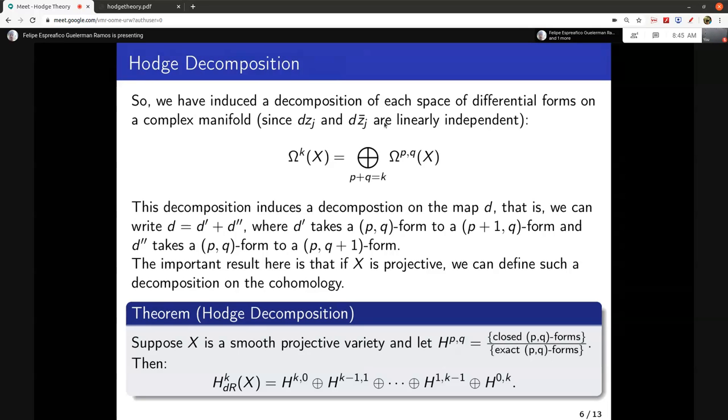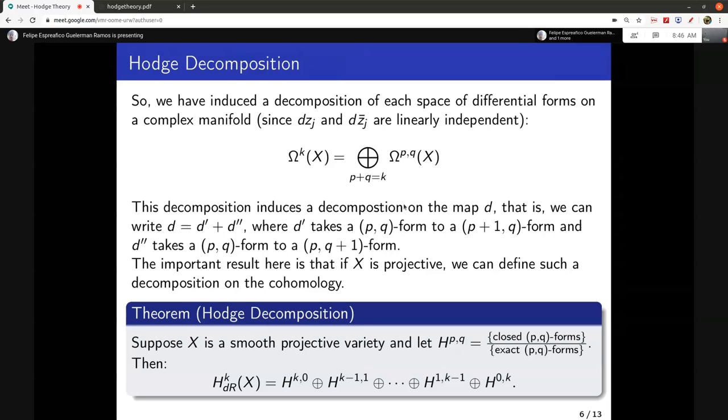well, the way they are defined using dx and dy. So they are linearly independent, and that means we can define a decomposition of this space omega^k. So we can consider omega^k as the sum of omega^{p,q} for every p plus q equal to k.